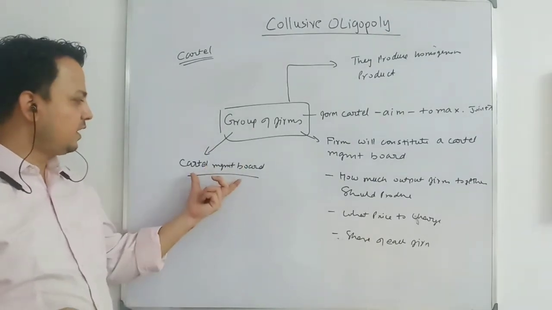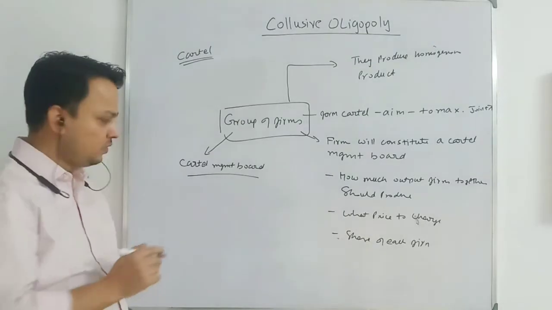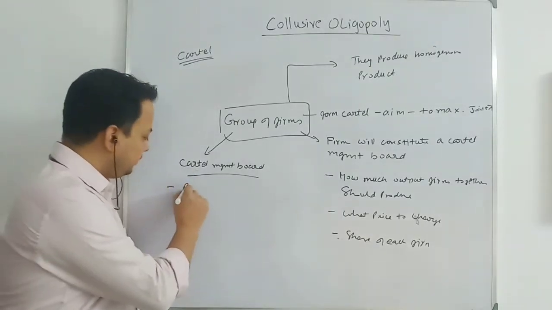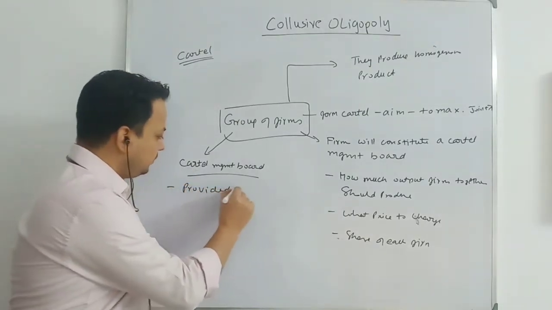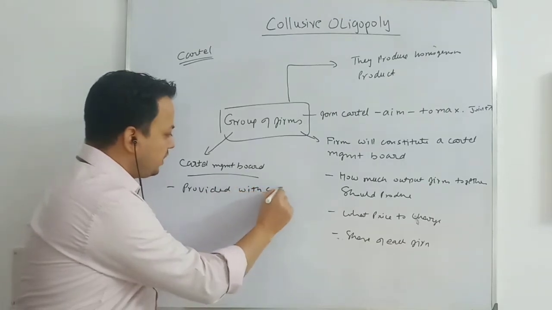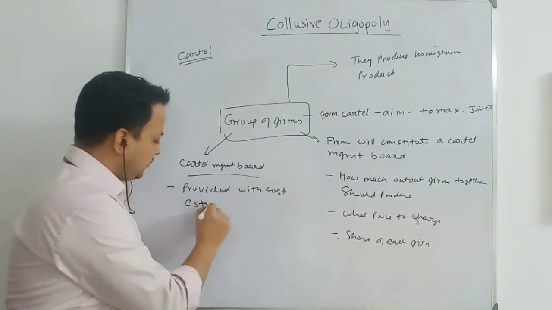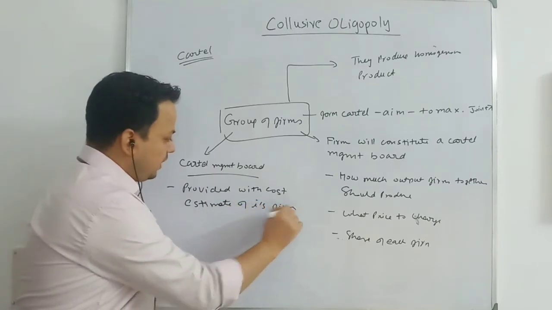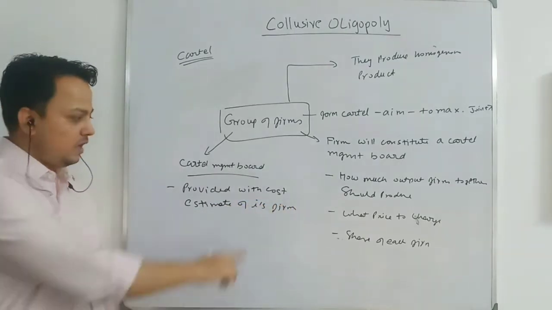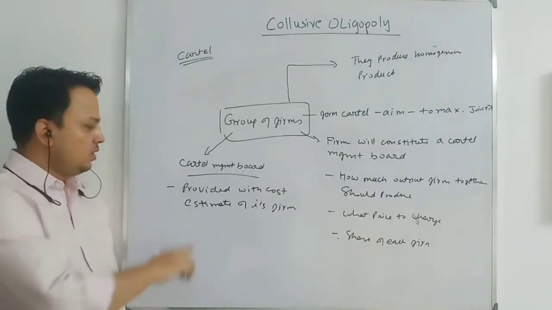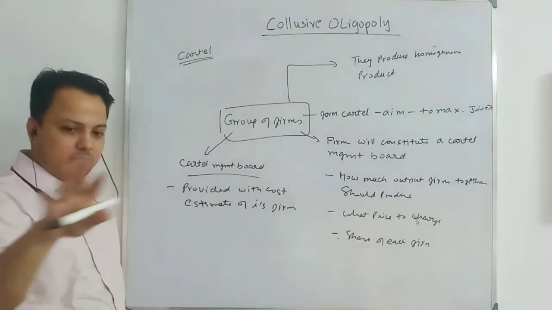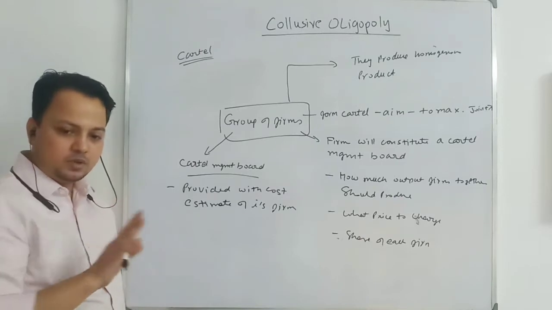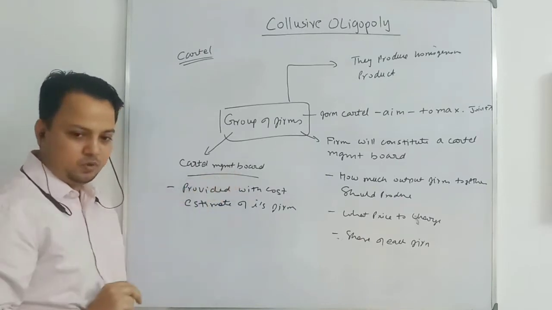That is how the cartel management board is formed. They are provided with cost estimates of individual firms. I write individual with I. The firms will provide their cost data to this cartel management board.